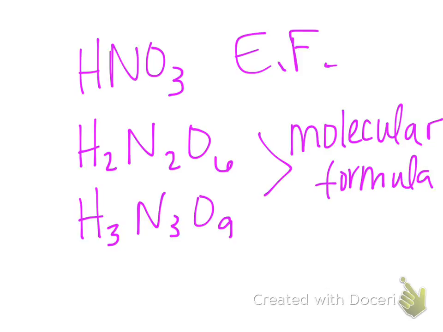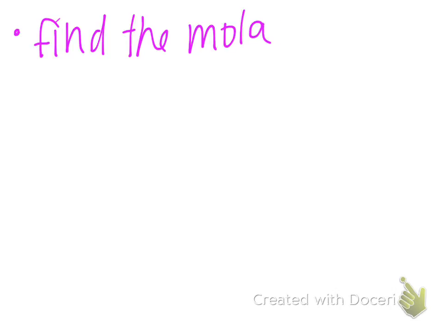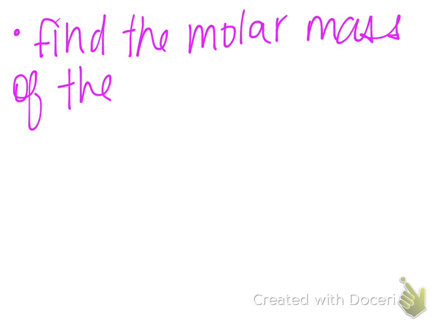So here is how we would convert between those molecular formulas and empirical formulas. Once we have our empirical formula, we're going to find the molar mass of the empirical formula.